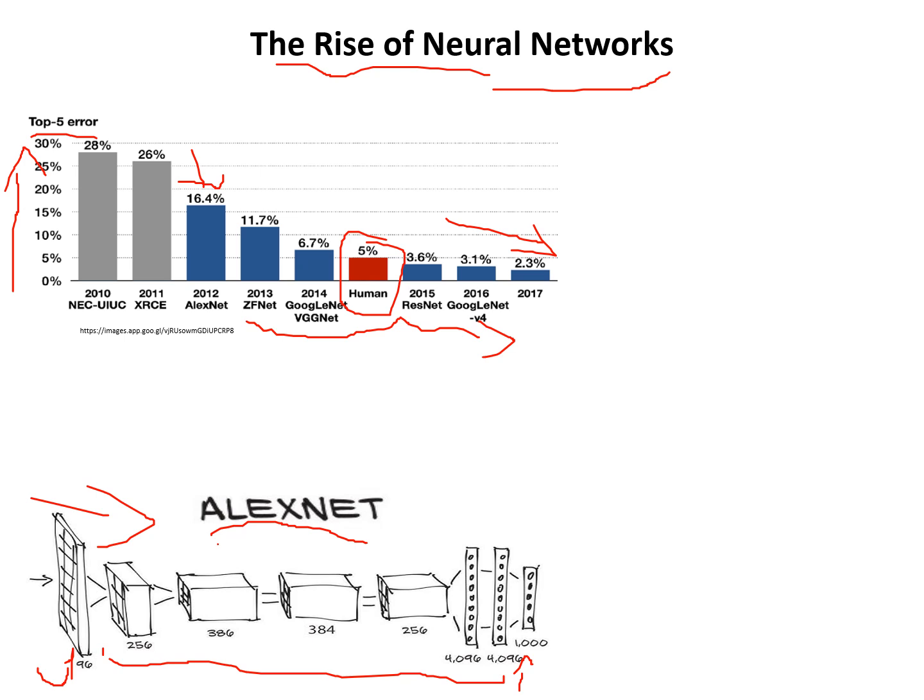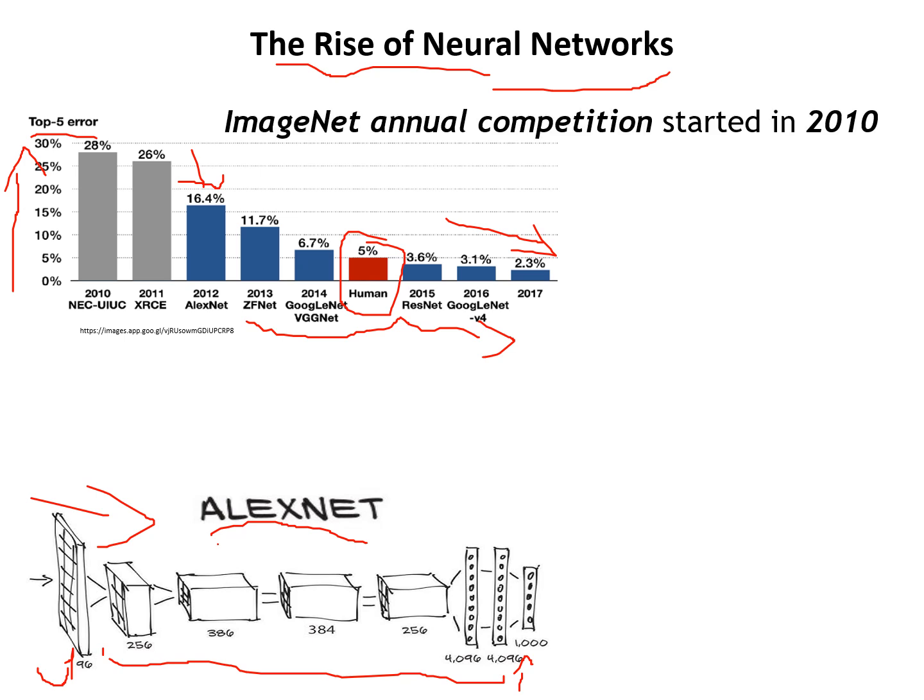I just told you that there was an annual competition and that this competition started in 2010. These were the winners, and they started from 20% errors, like one third, where the computers were not able to recognize images properly.